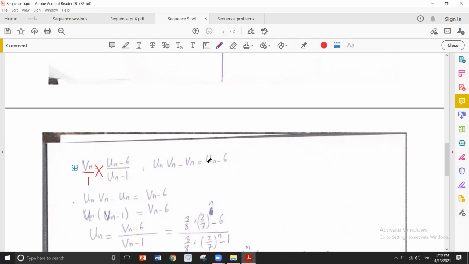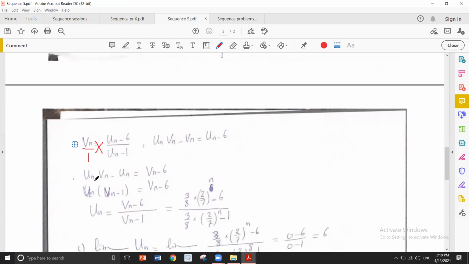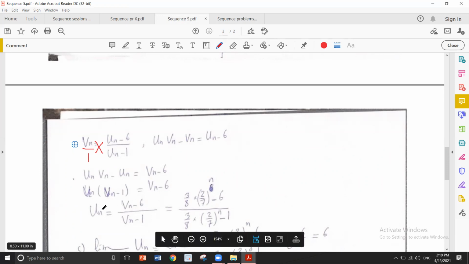I need to calculate Un. I take Un to one side, so UnVn minus Un equals Vn minus 6. We take Un common. Remains Vn minus 1 equals Vn minus 6. So Un equals Vn minus 6 over Vn minus 1.